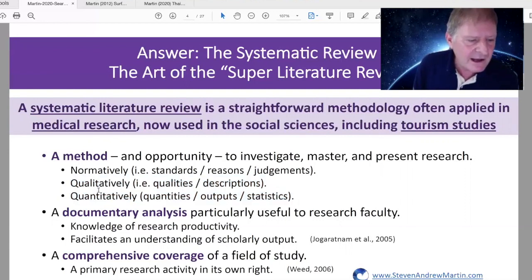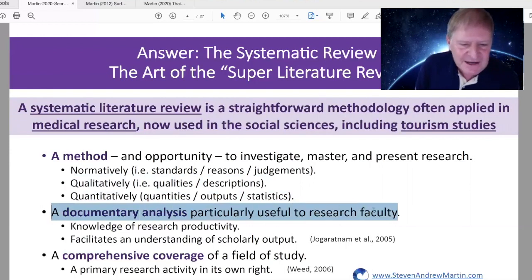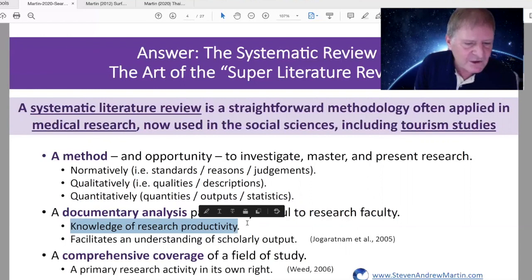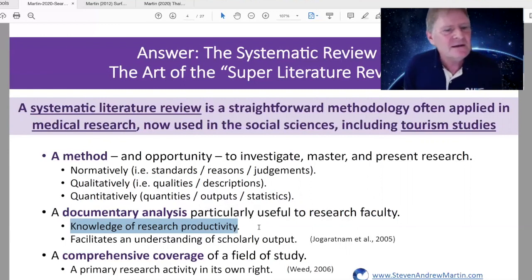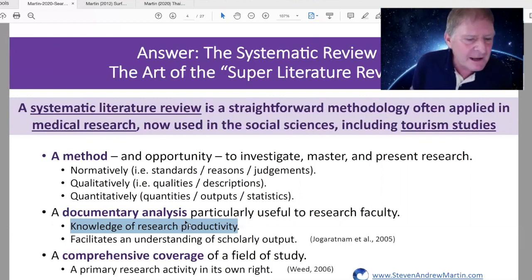And again, I'll talk about that in a little bit. It's also a documentary analysis. This can be very useful in terms of understanding research productivity, for example, where the research is coming from and what areas, what subtopics and such are in the literature.